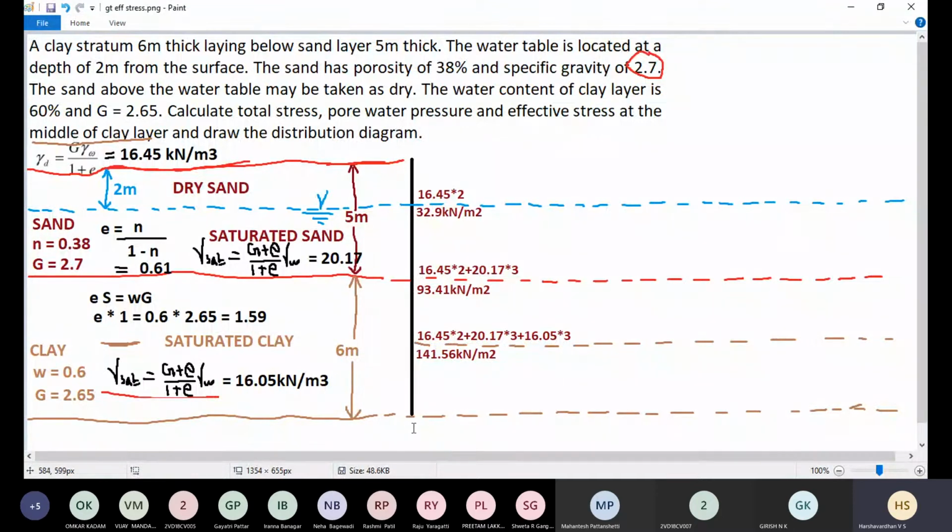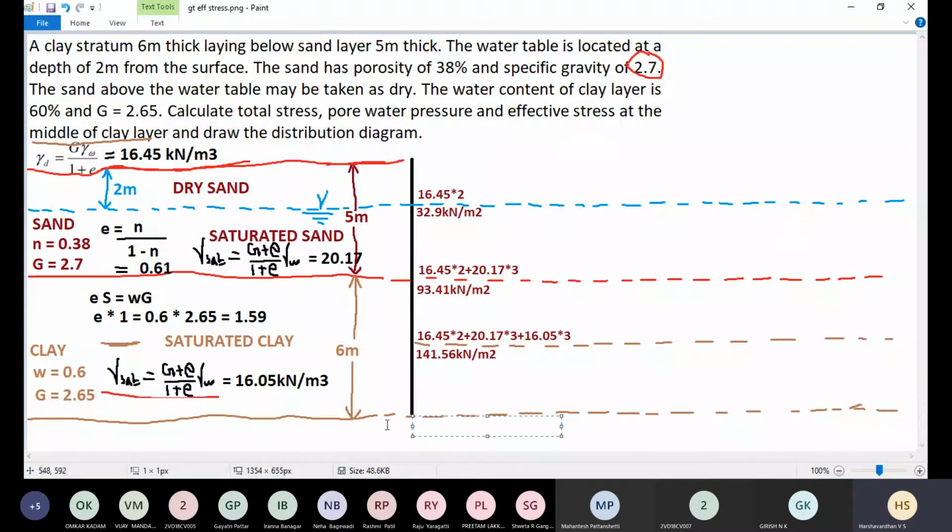Finally, at the bottom, dry sand plus 3 of saturated sand plus clay.